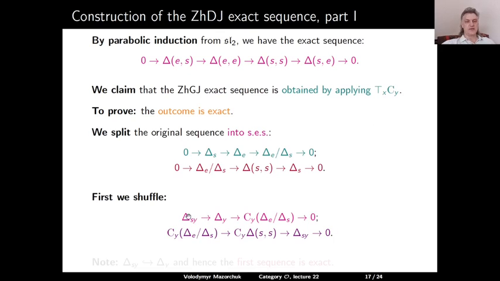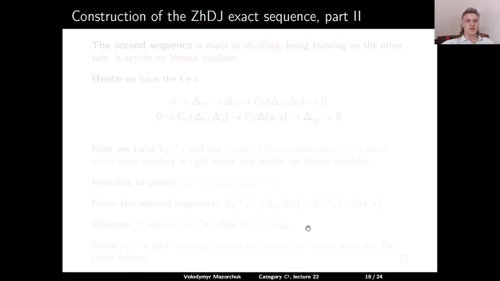So in the first sequence, we have here the map from delta Sy to delta Y, and we know that any non-zero hom between Verma modules is injective. So the first sequence is actually short exact. So now let's look at the second sequence. It is right exact, and if it's not exact, then the next term should be the homology of the shuffling functor evaluated at the Verma module delta Sy.